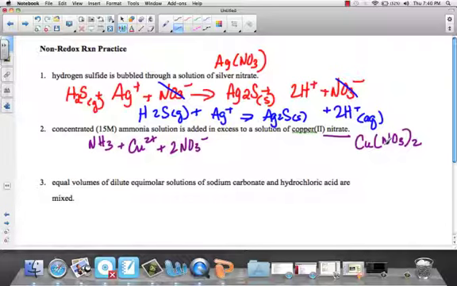And that's going to form what? Well, right away, you should recognize this right here, NH3, as a ligand.